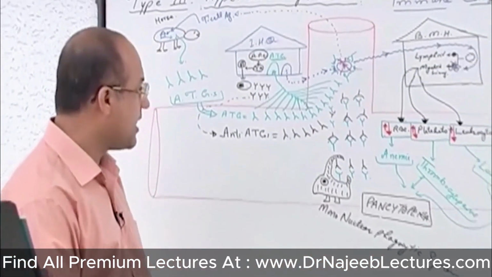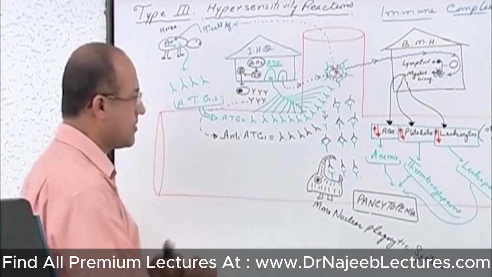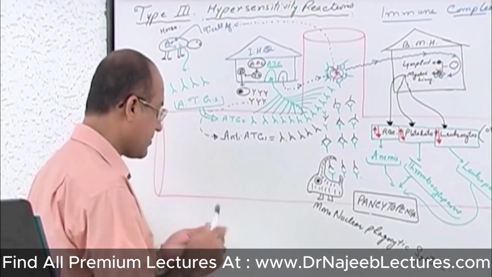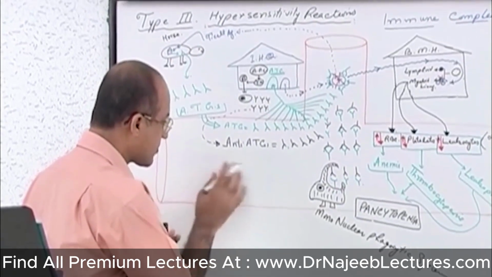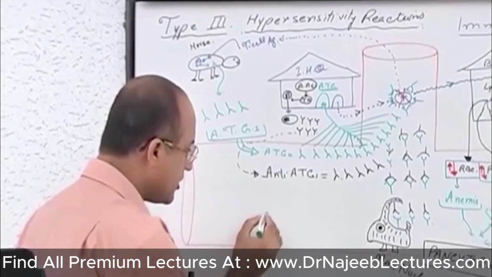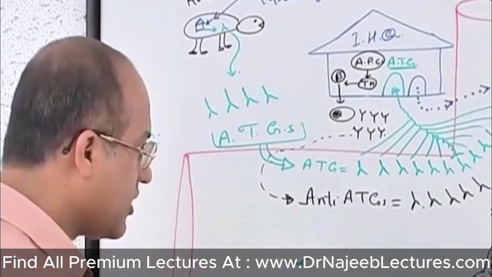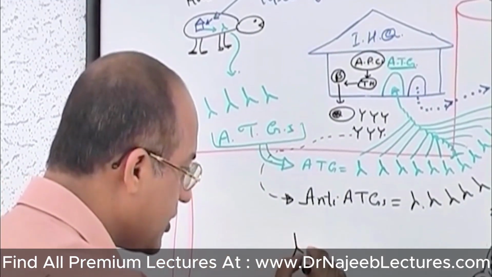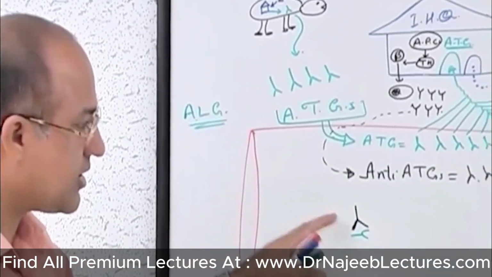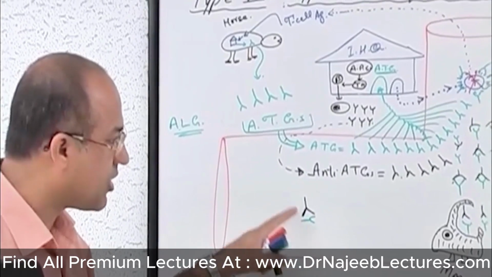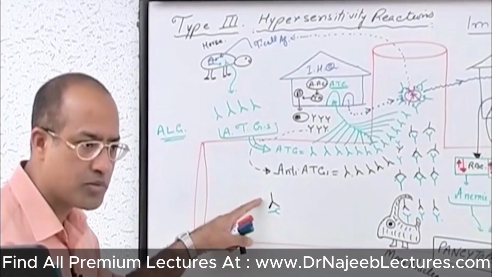But anyway, let's suppose that this was the antigen and this was the anti-ATG. Now this is the immune complex. This is the ATG and this is anti-ATG. This is derived from horse and this is derived from the human immune system.